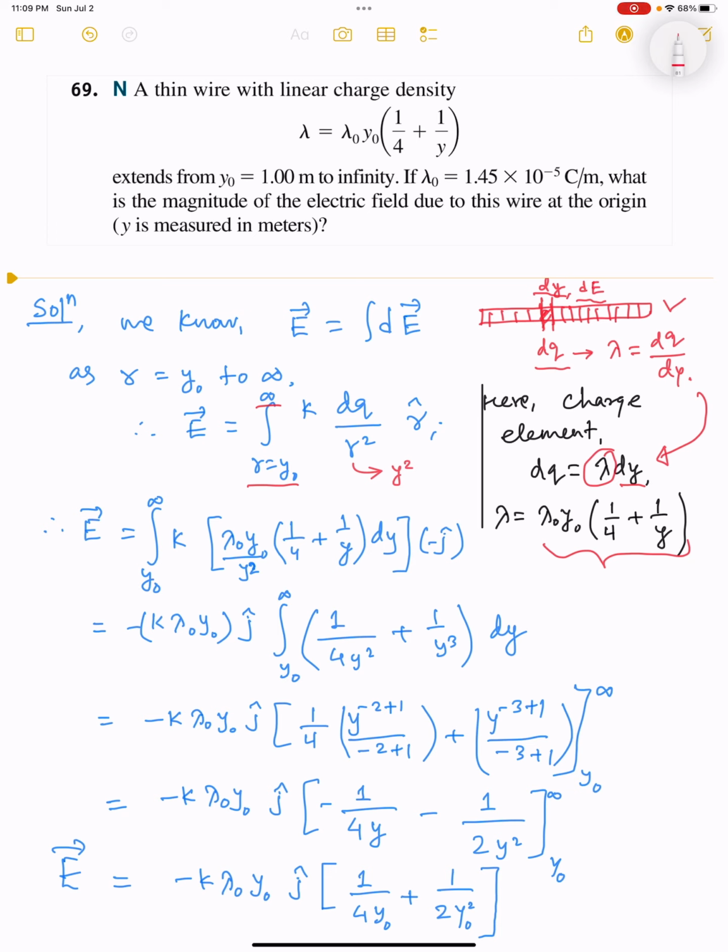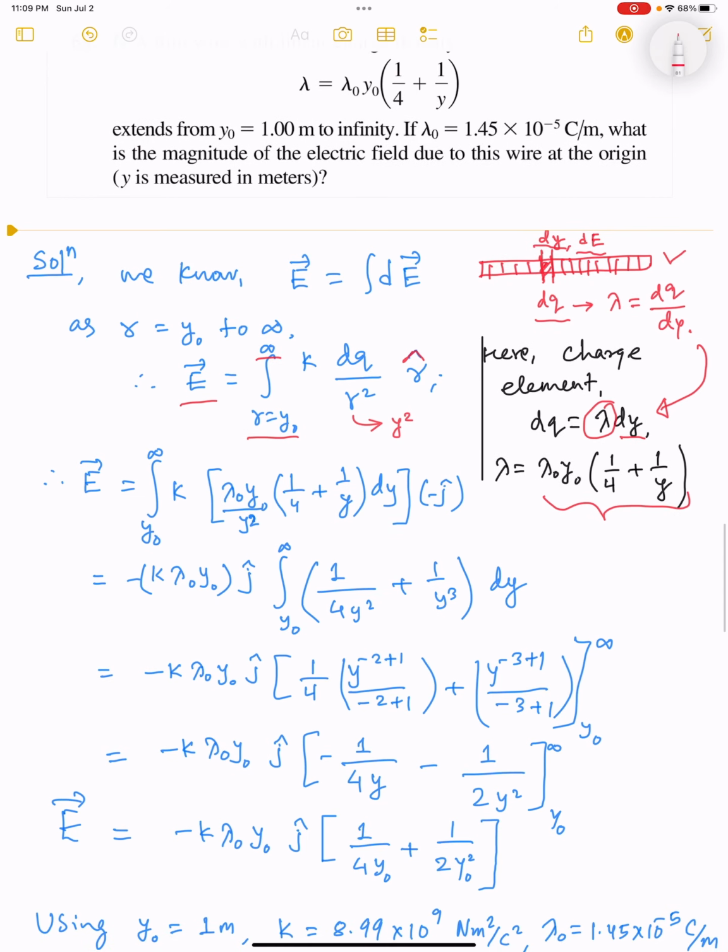As we know, electric field E equals the integration of k dq over r squared, and in vector form, r is a unit vector along the direction of E.